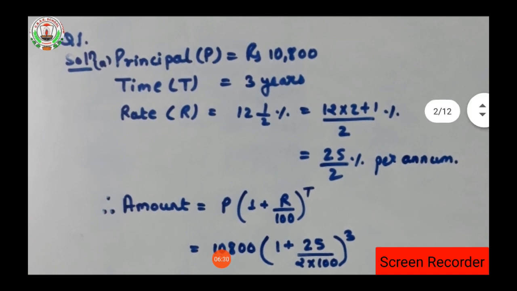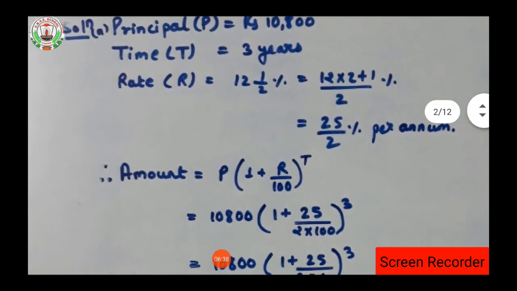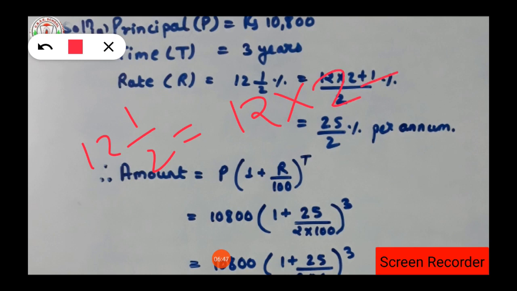This rate, which is given in the mixed fraction form, we have to convert into an improper fraction. How to convert it into an improper fraction? Everybody knows how to do that. That is 12 into 2 plus 1 upon 2.